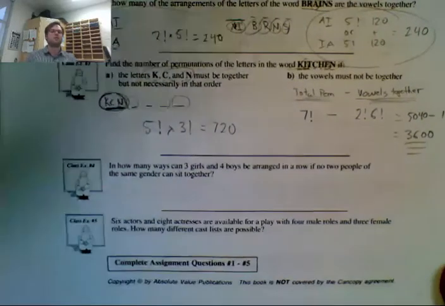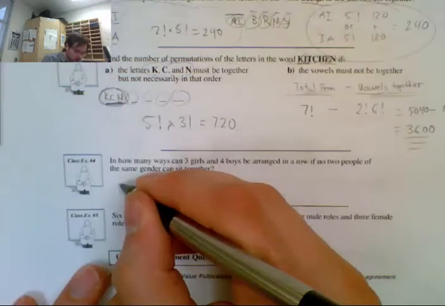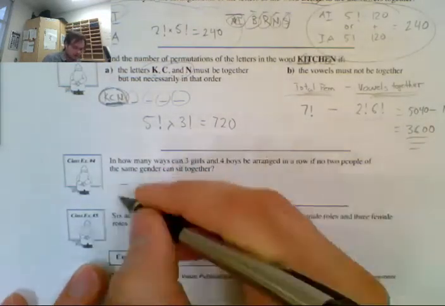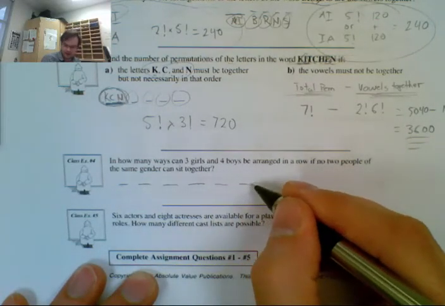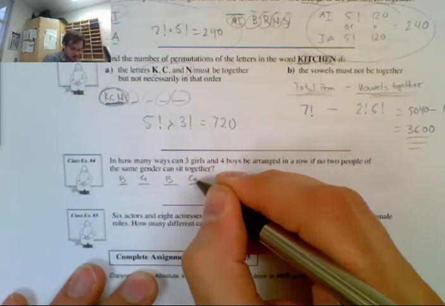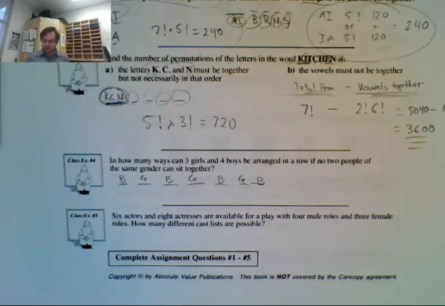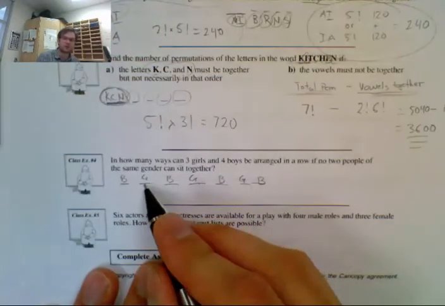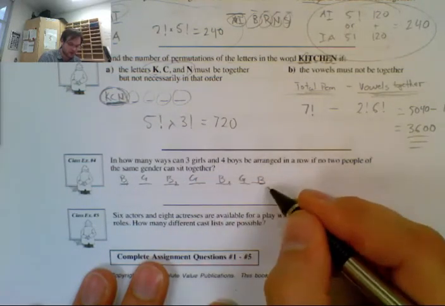Class example number 4 says, in how many ways can 3 girls and 4 boys be arranged in a row if no 2 people of the same gender could sit together? So we look at this here. We have 3 girls and 4 boys, so that's a total of 7. So 1, 2, 3, 4, 5, 6, 7. So we could have boy, girl, boy, girl, boy, girl, boy. Okay, that's the only way we could do it. Now, the order of the boys, we could have boy 1 here, 2 here, 3 here, 4 there.